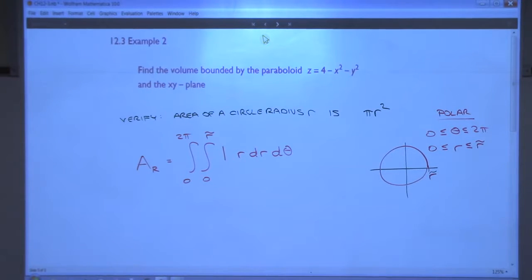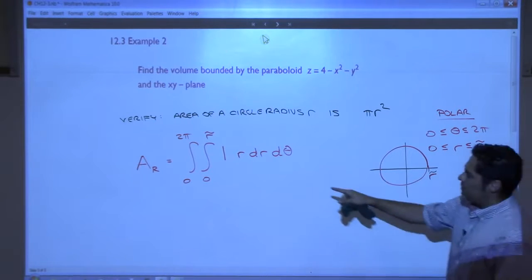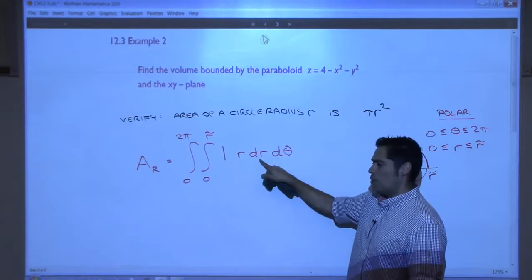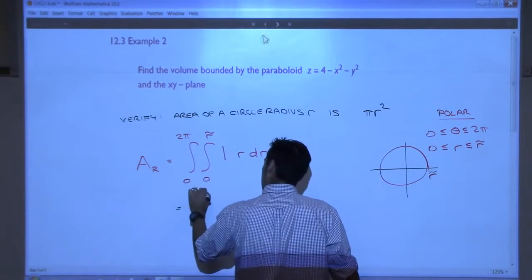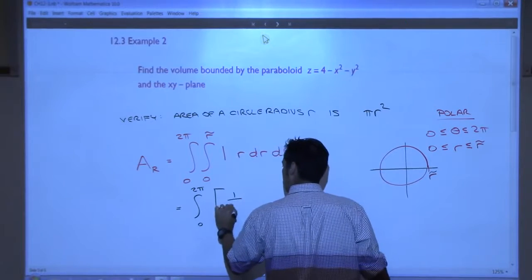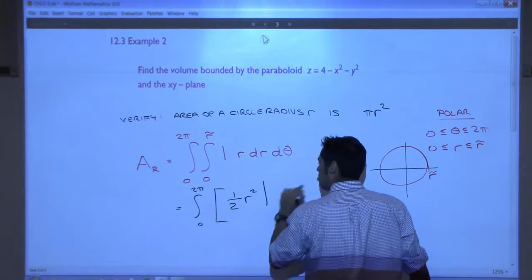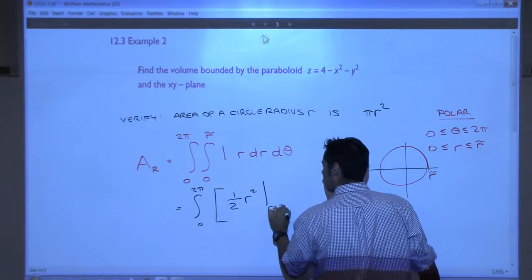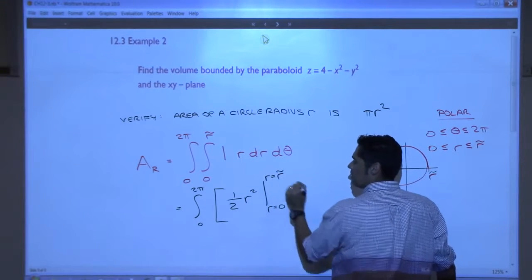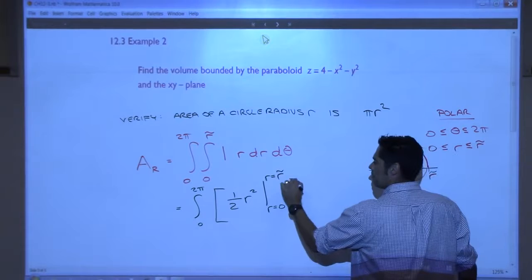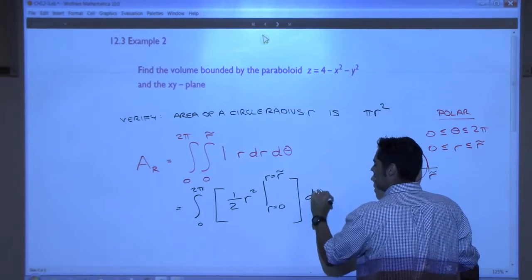Now, I could dot this one, but it's worth us finishing, right? Okay, what's the antiderivative of r with respect to r? 1/2 r squared. I'm going to evaluate that from r equals 0 to r equals r tilde, d theta.